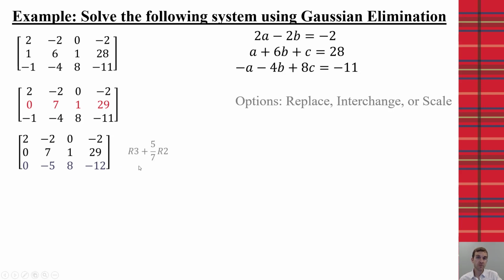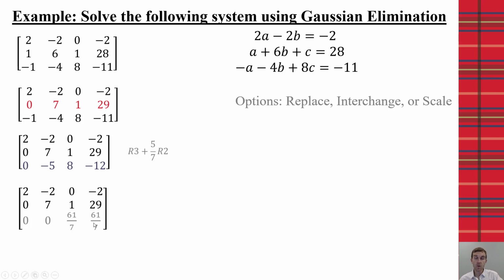I know we're going to deal with fractions, but we have calculators that can help us with that. When I do that, negative 5 plus 5/7 of 7 is positive 5, so that becomes 0. Then 8 plus 5/7 will give us 61/7, and negative 12 plus 5/7 times 29 again will give us 61/7.